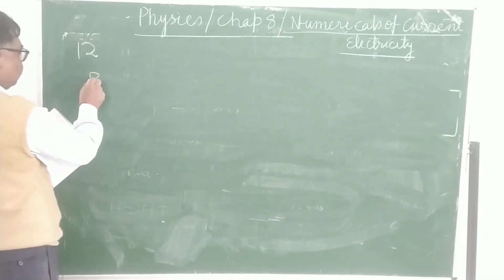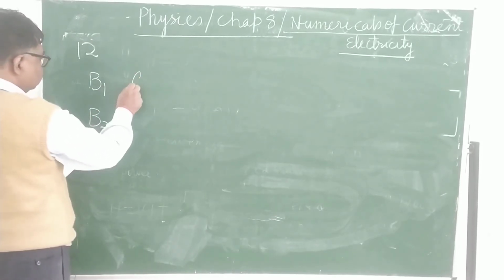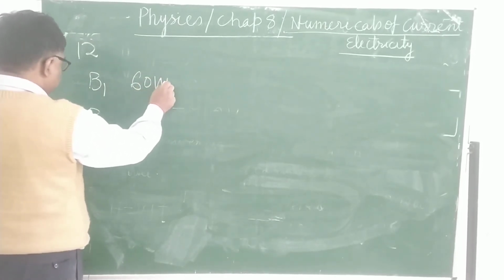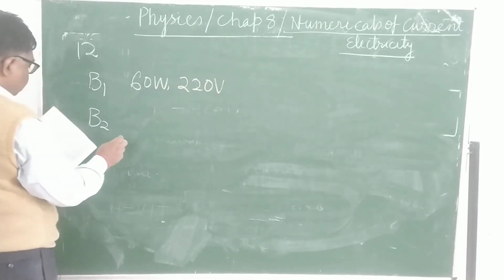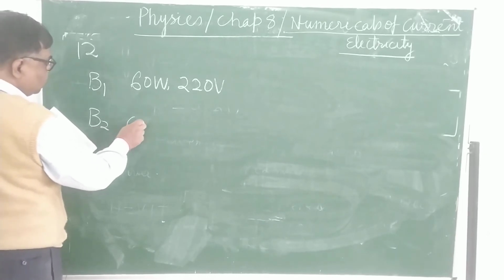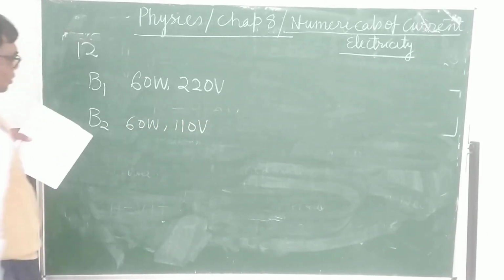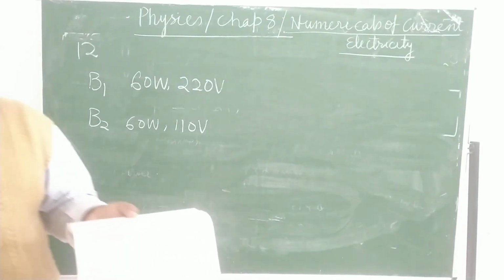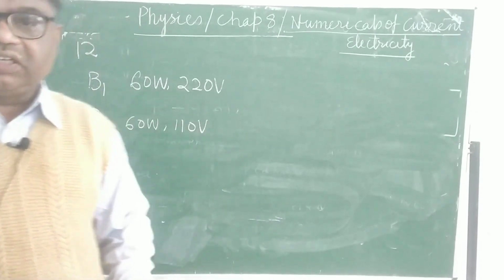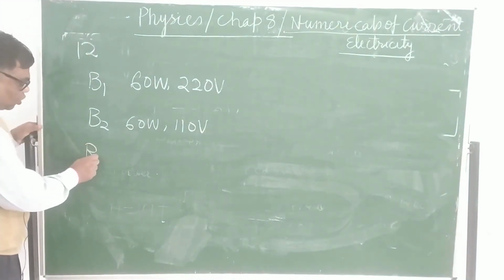Here one bulb is B1, the other bulb is B2. It is given 60 watt, 220 volt and 60 watt, 110 volt. Calculate the ratio of their resistances. You have to find R1 upon R2.